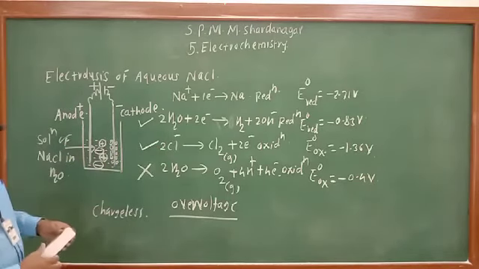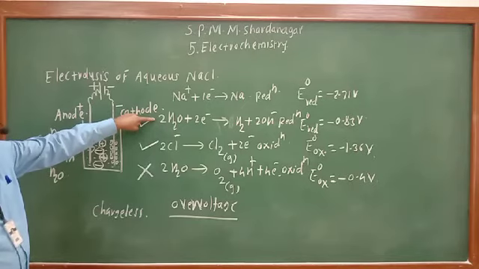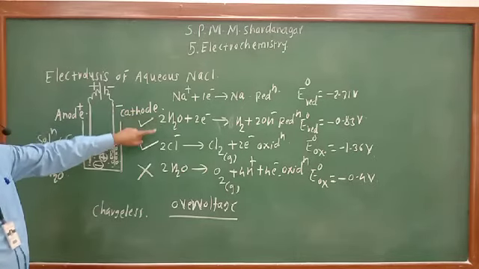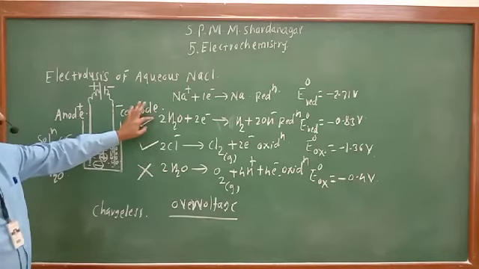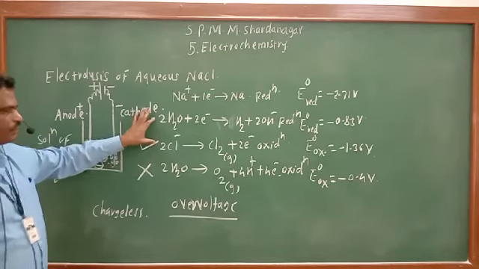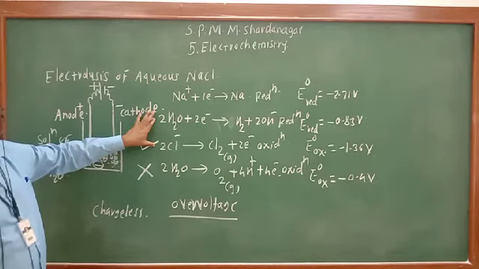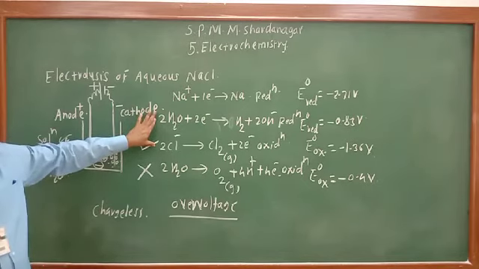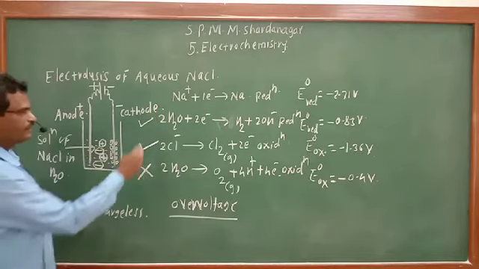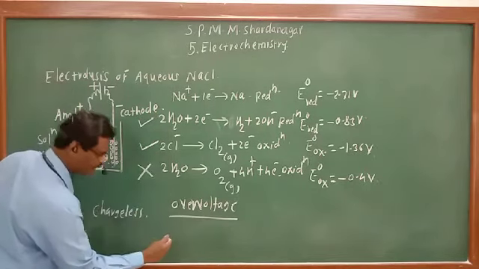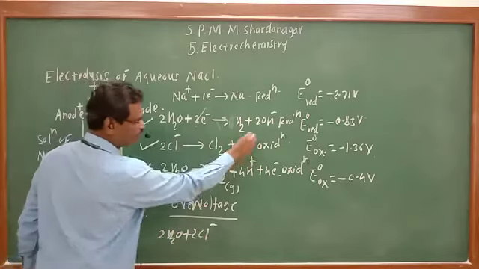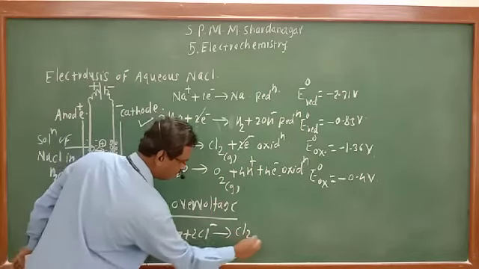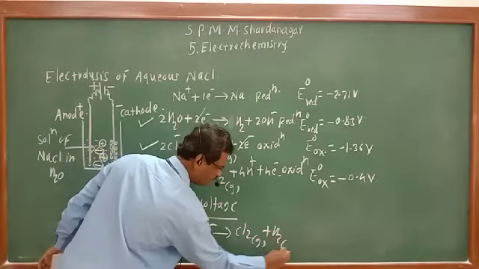So, what is the reaction at the cathode? Evolution of hydrogen gas. And what is the reaction at the anode? Evolution of pale yellow colored chlorine gas. Reduction, oxidation. If we sum these two reactions, it is known as the redox reaction. The redox reaction is 2H2O plus 2Cl⁻, the 2 electrons cancel, and on the right side Cl2 gas plus H2 gas.